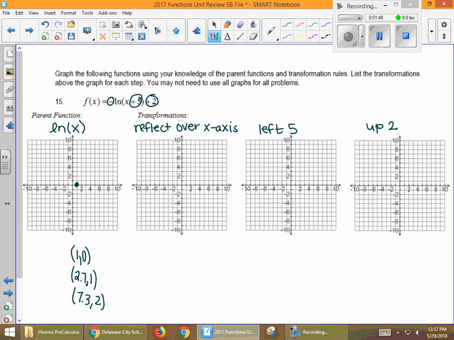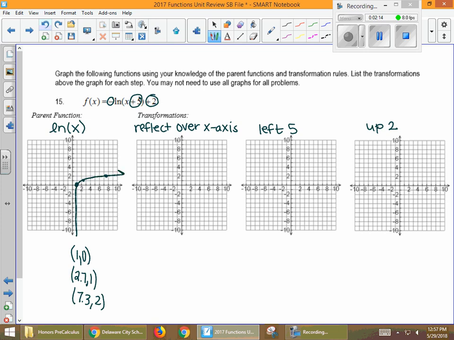So of course, with ln of x and with e to the x, whose numbers are just switched to the inverse, you want to make sure that with those points, 2.71, between 2 and 3, up 1. Between 7 and 8, up 2. That's fine. You're not going to be able to be more specific than that. But make sure that you get those points plotted.